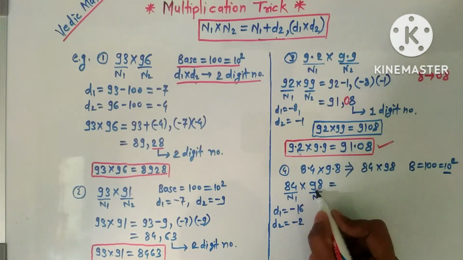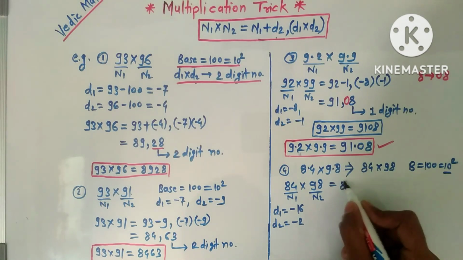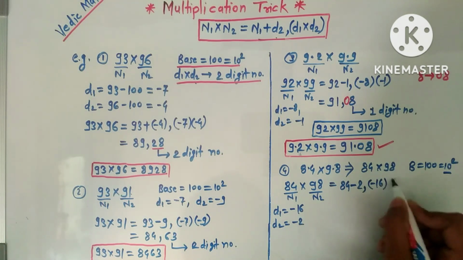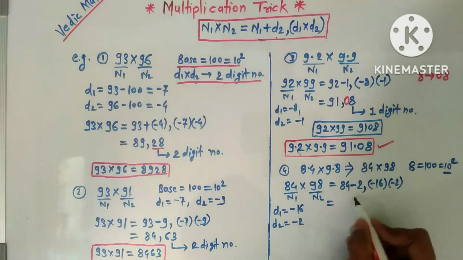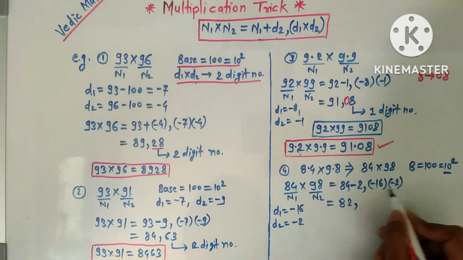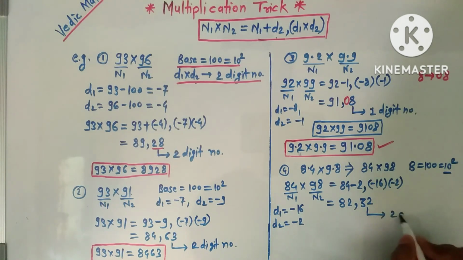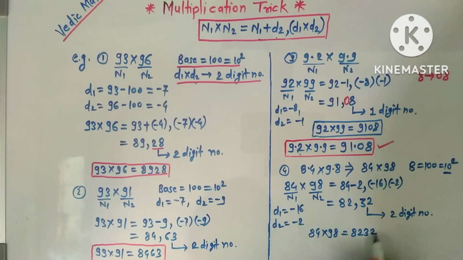So 84 into 98 is equal to 84 minus 2, comma, minus 16 into minus 2. So 84 minus 2 is 82, comma, minus 16 into minus 2 is plus 32. Now this is already a 2-digit number. So what is our final answer? 84 into 98 is equal to 8232.